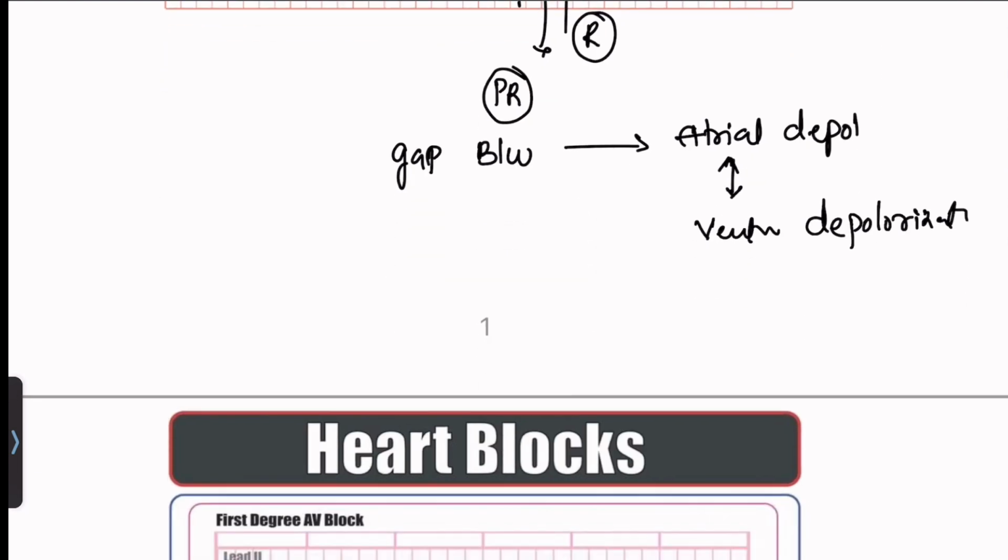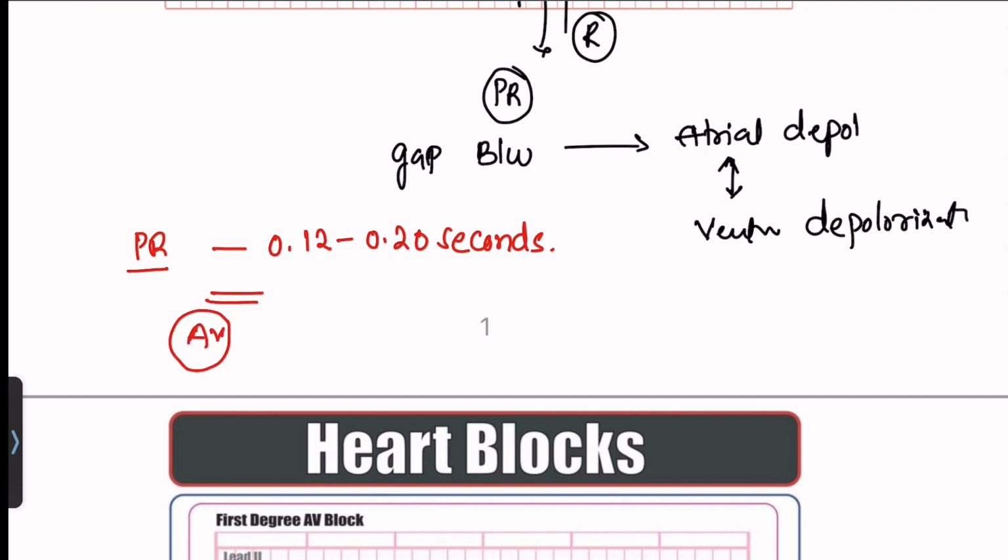In general the PR interval will be 0.1 to 0.20 seconds.